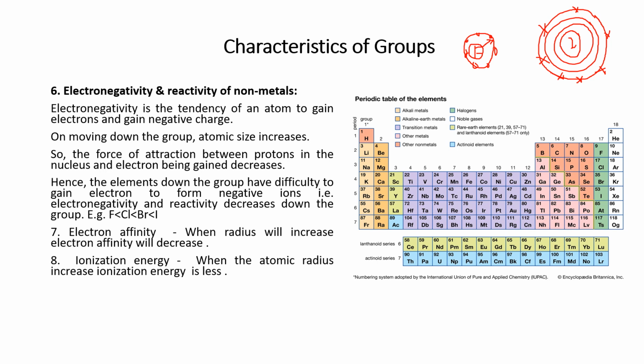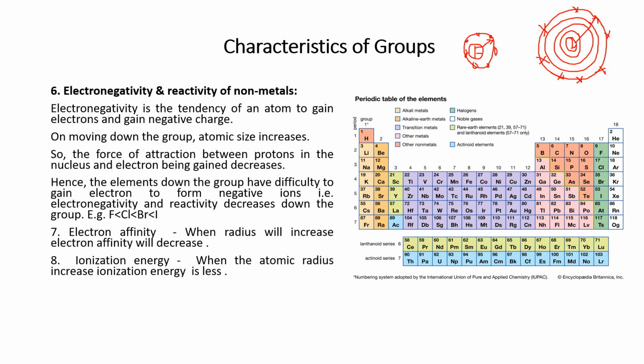But iodine's fourth shell is far from the nucleus, so their attraction will be less than in fluorine. For this reason, the characteristic of electronegativity is more for fluorine and less for iodine.